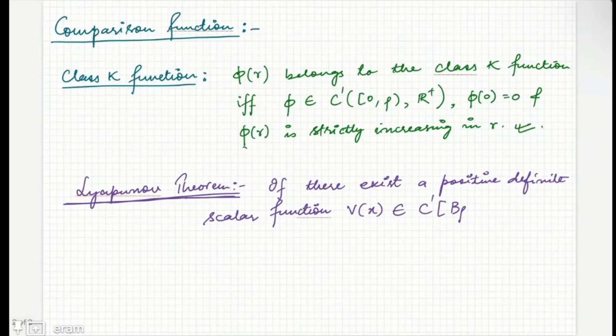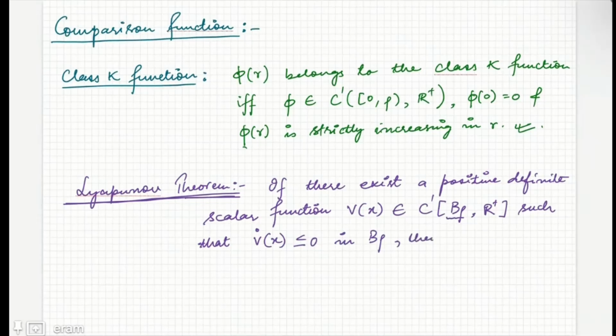So we are defining it over the neighborhood B rho, and it maps to positive values such that its derivative along the system trajectories is less than or equal to 0 in the neighborhood B rho.